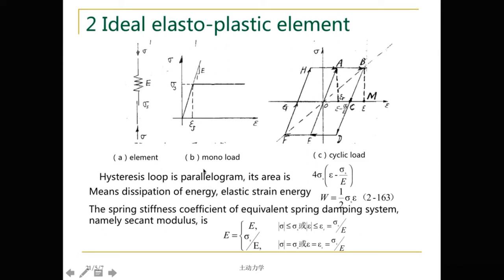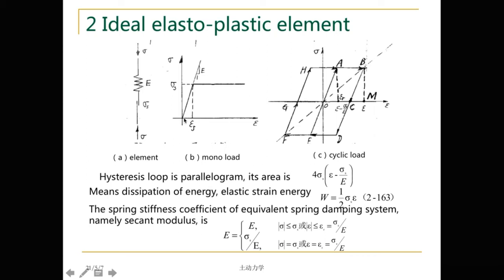When we apply a monotonic load on it, first, is there any deformation? Of course. If the load is not larger than the strength of the Coulomb body, then there's no deformation in the Coulomb body. We needn't consider it. But there's a deformation occurred in the spring.